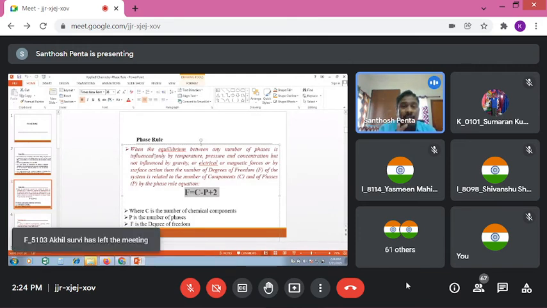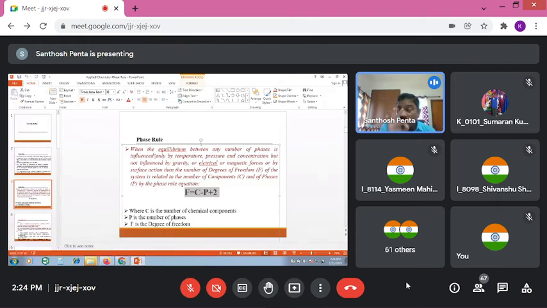He considered only 3 independent variable factors. What are those 3 independent variable factors? Temperature T, pressure P, concentration C, TPC.